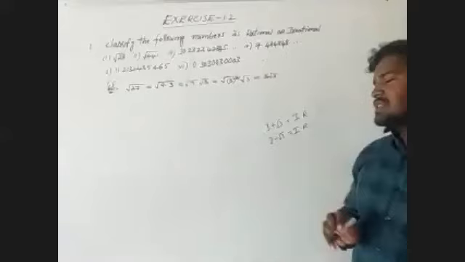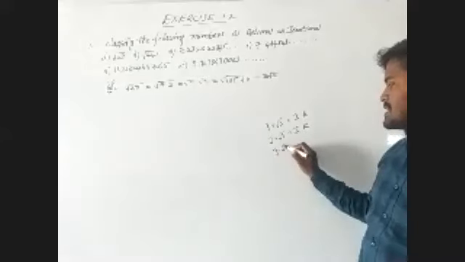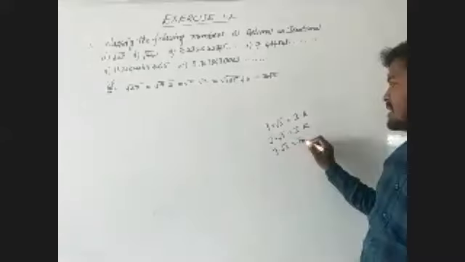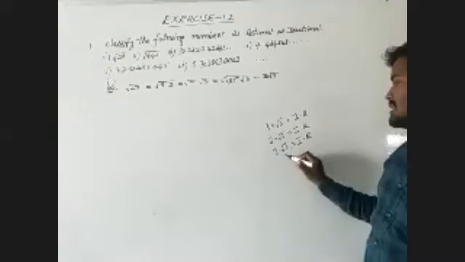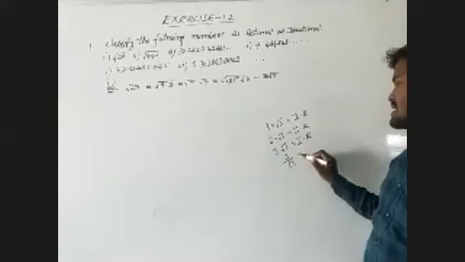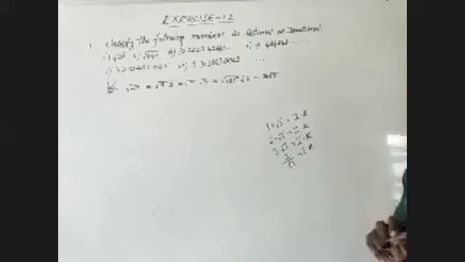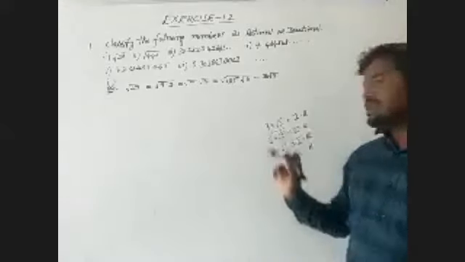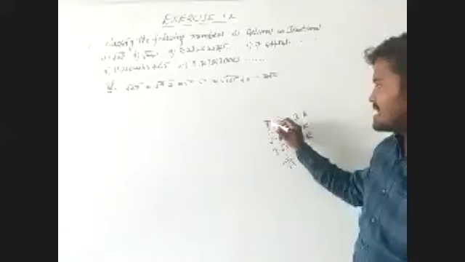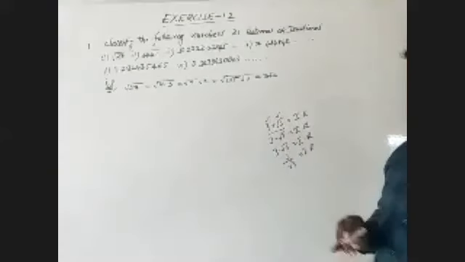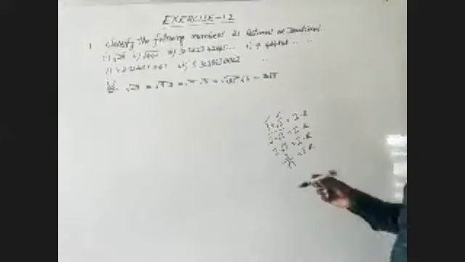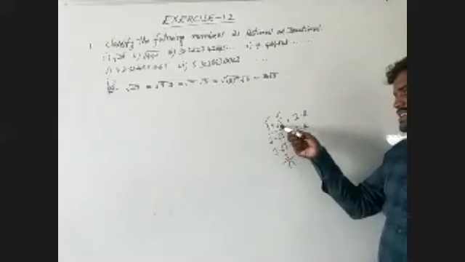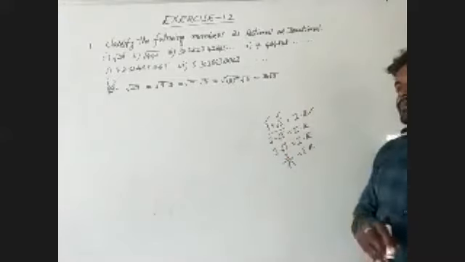The multiplication of a rational and an irrational number is also an irrational number. The division of a rational and an irrational number is also irrational. That means 3 plus root 3, where 3 is rational and root 3 is irrational, means the sum of a rational and an irrational is irrational.